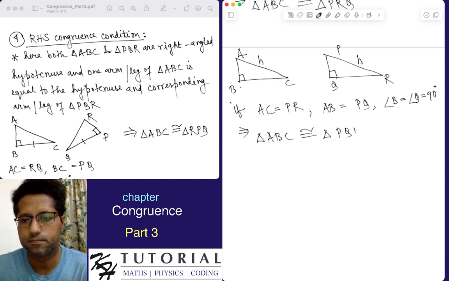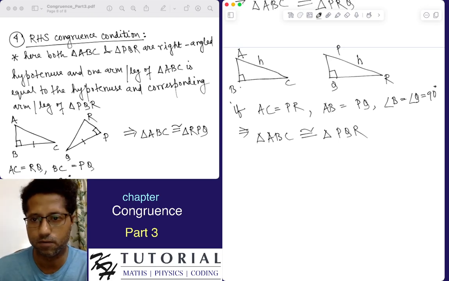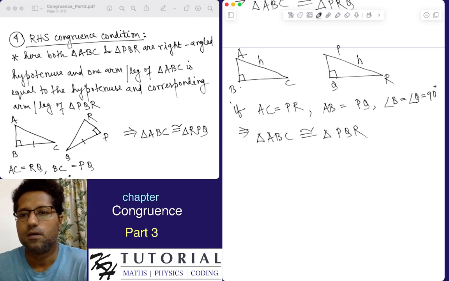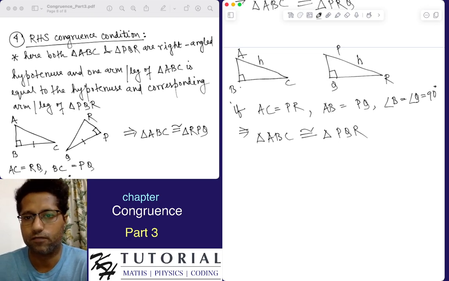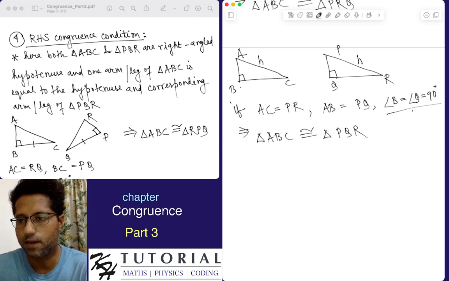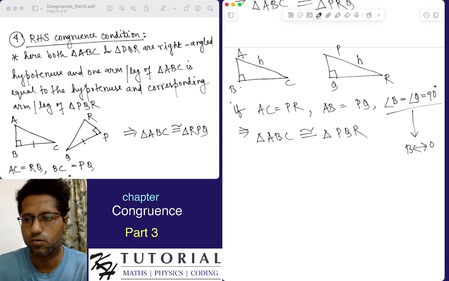PQR. Now how come I know that it will be PQR and not PRQ or something else? Because from the right angles, that is B is right angle, Q is right angle, I know that B is equal to Q is equal to 90 degrees. This will imply that B is mapped to Q. Okay.